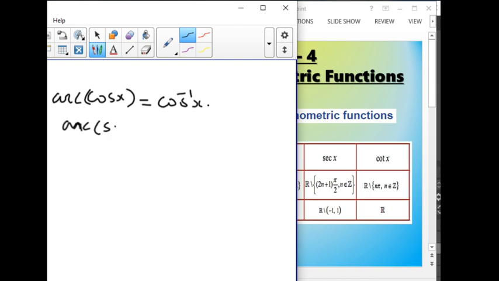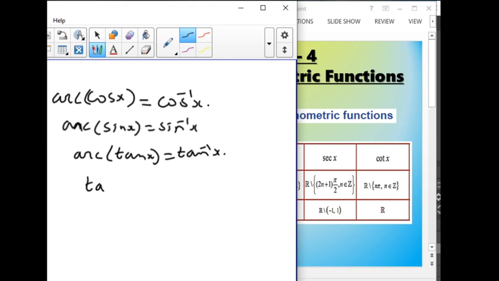Arc sin x is sine inverse of x. So arc tan x is tan inverse of x. Remember also that the tangent function, in short, we call it tan.